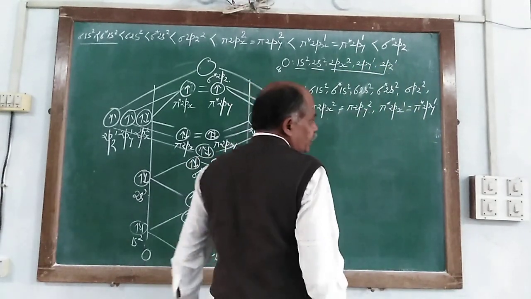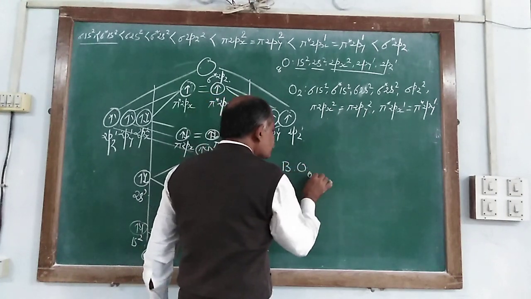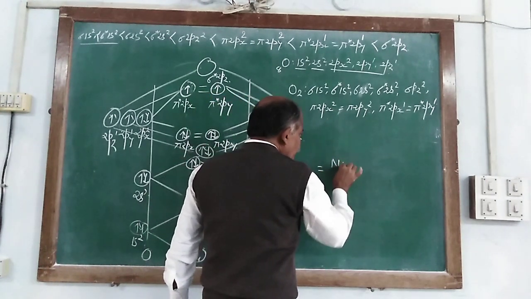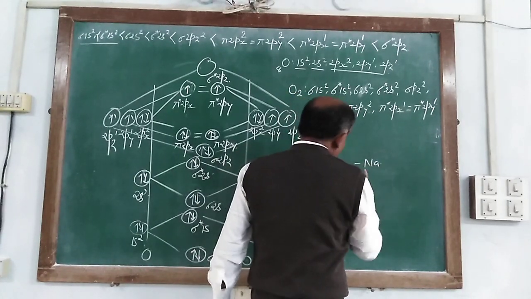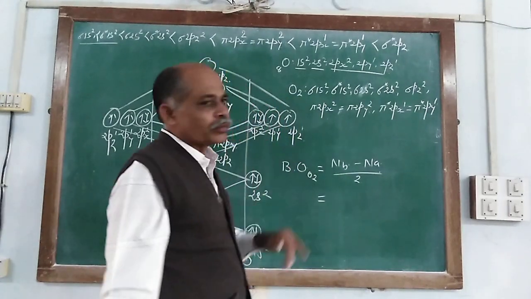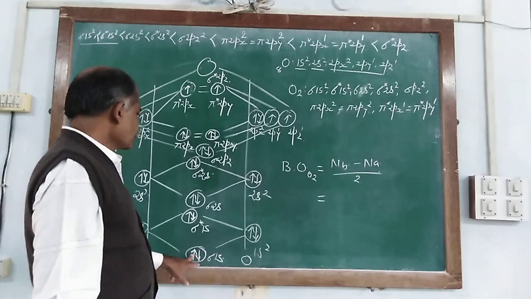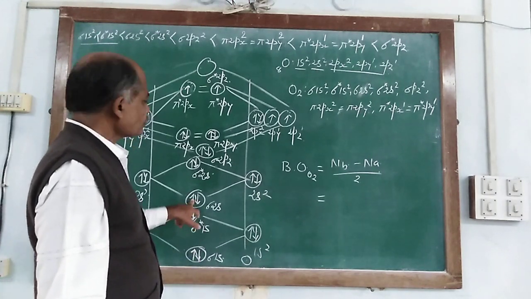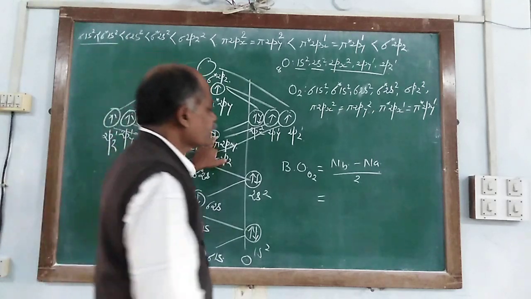Now we calculate the bond order for the oxygen molecule. The formula used is Nb minus Na divided by 2. The number of electrons accommodated in bonding molecular orbitals is 2, 4, 6, 8 and 10.